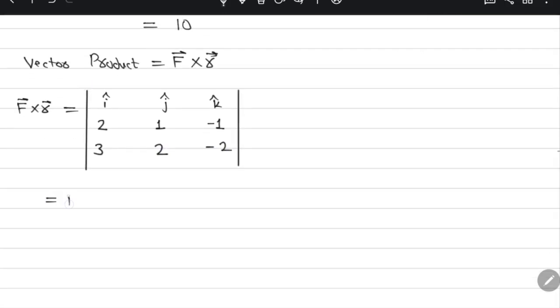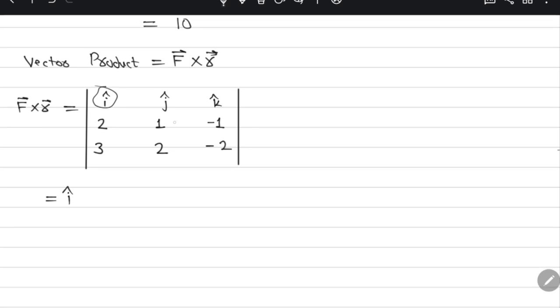Now we have to find I cap. So I hide the I cap in the vertical direction and do the cross product with J cap and K cap. This gives minus 2, that is minus, and again minus 2.